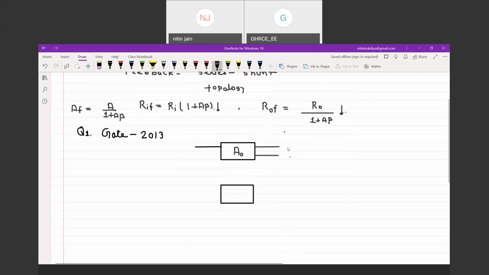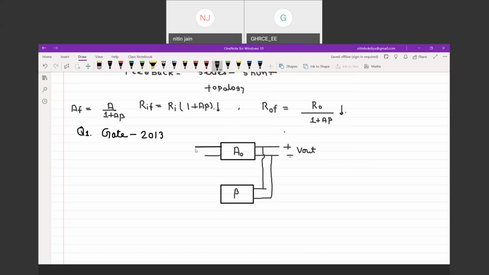This is output without feedback. And this is Vin. This network is a beta network, and the ground is connected to this. And this is the beta network.